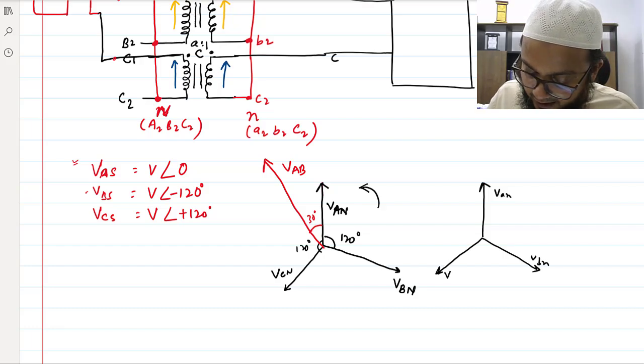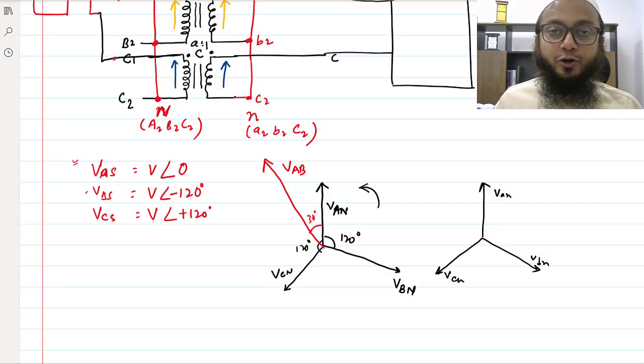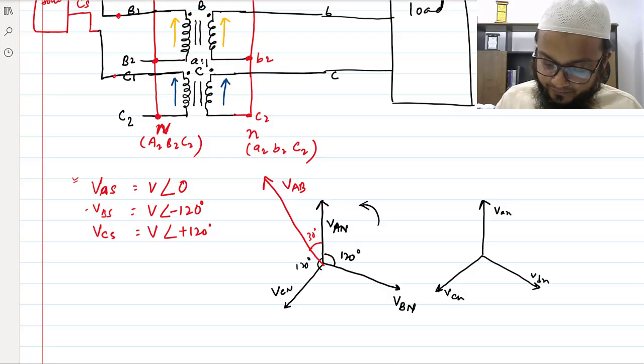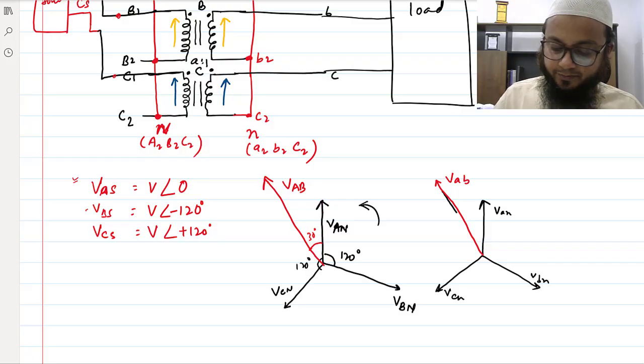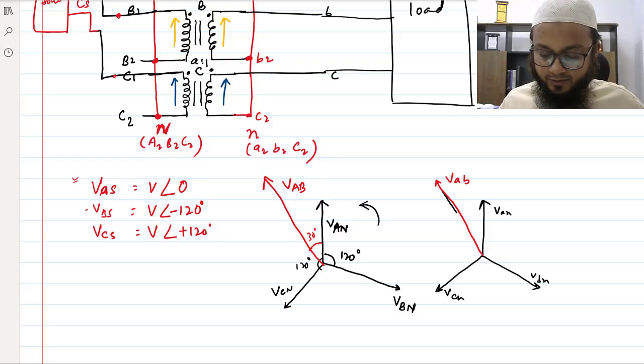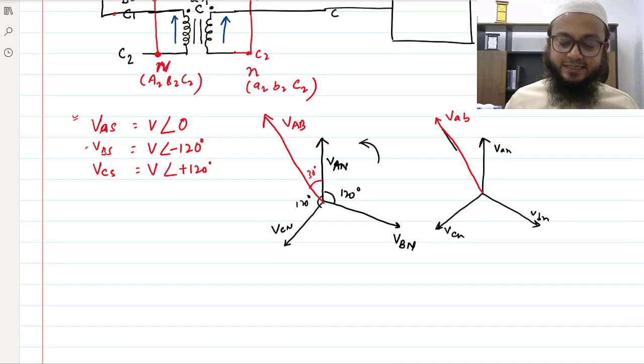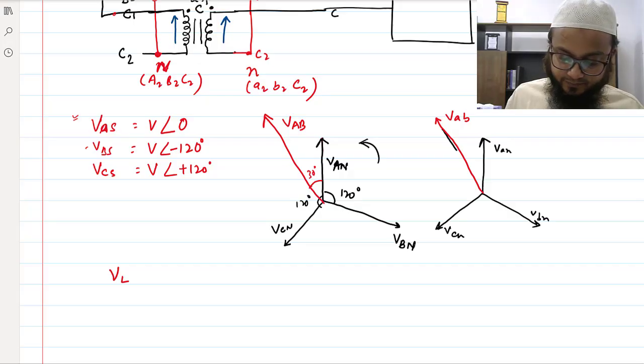VBN and VCN. So what about the line voltage then? So the line voltage this time would be here, right? VAB. Okay. What would be the transformation ratio for the line voltages on both these sides? Let's say VL of primary is root 3 times of V phase, right?